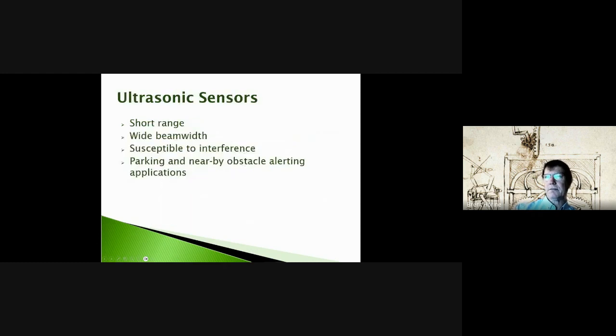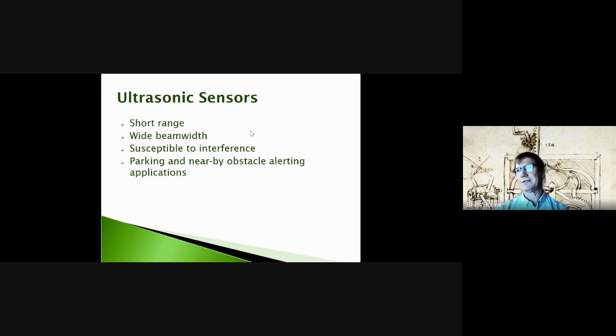All right, so super quick, but here we can talk briefly about ultrasonic sensors. You may be familiar with those little things that can plug into an Arduino board. They're super cheap. They've got two transducers on there, transmit and receive. They're effective over a short range. They're going to have a wide beam width because now we're dealing with sound instead of electromagnetic waves.